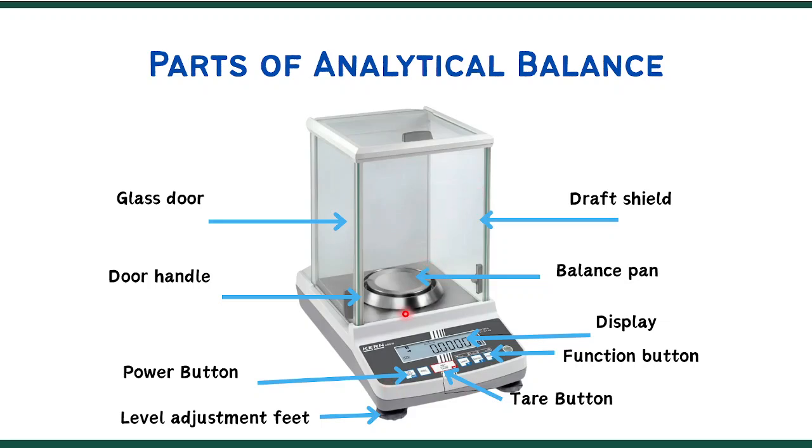We also have the function button, the tare button, which zeroes out the display. The main function of the tare button is to make sure that everything on the display is zero, which also signifies that there is no weight or no mass.